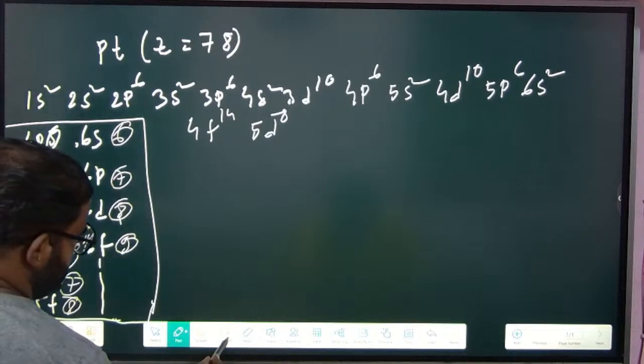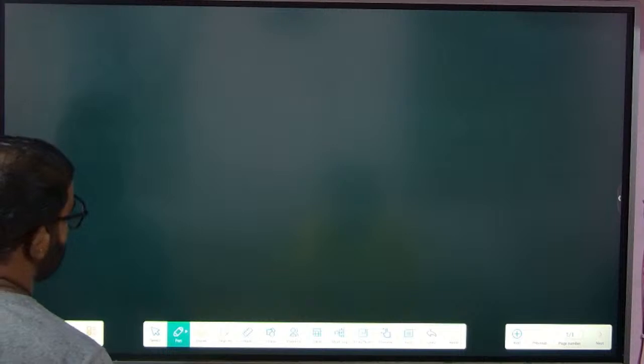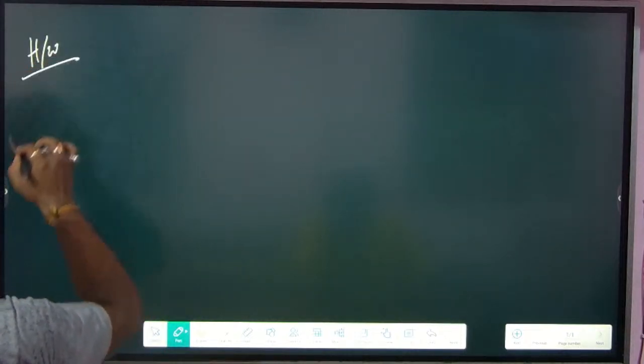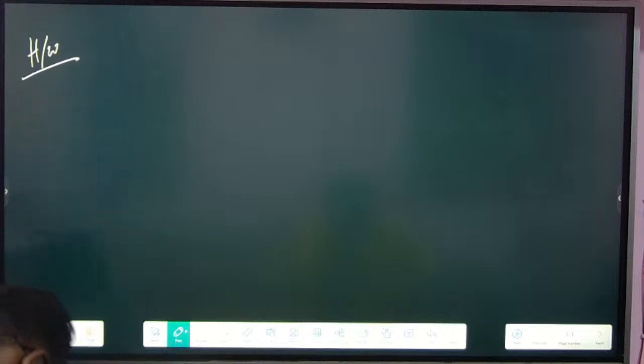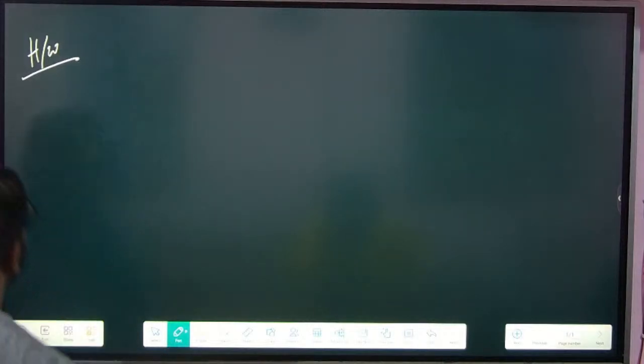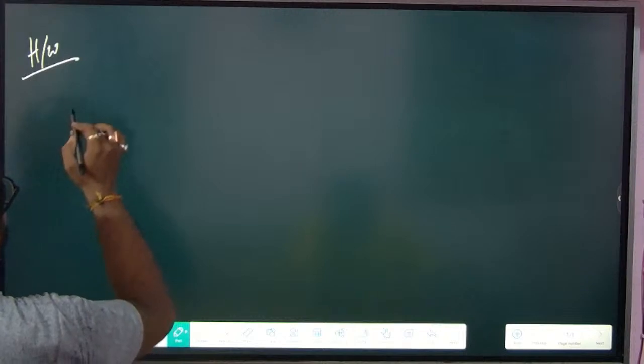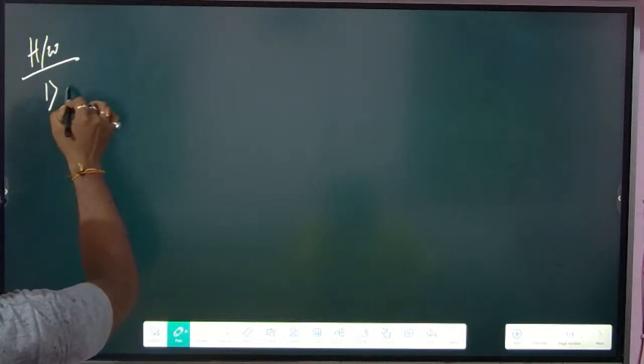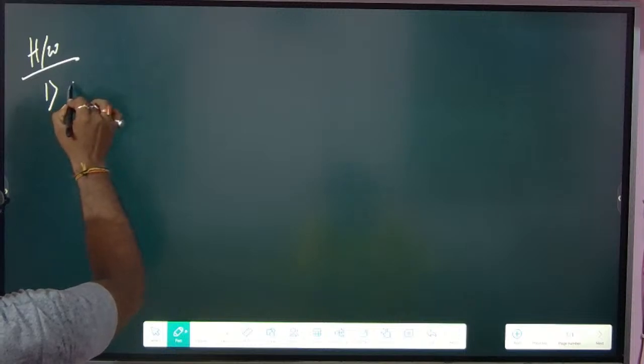Now I will give you some homework. Do the electronic configuration of atomic numbers.